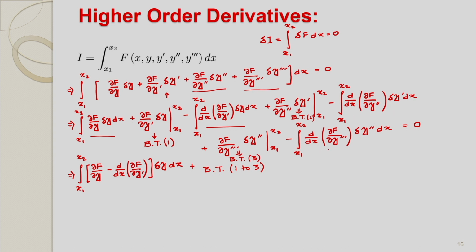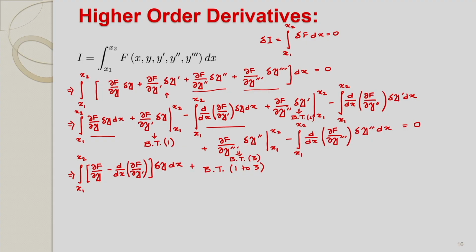Now only these two integrals are left, where we can see there is delta y prime and delta y double prime. So we have to do further integration by parts until we reach delta y. So this term, this star, let me write further integration by parts. Already there was this negative sign.